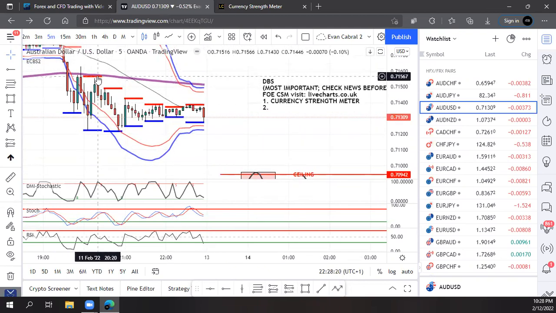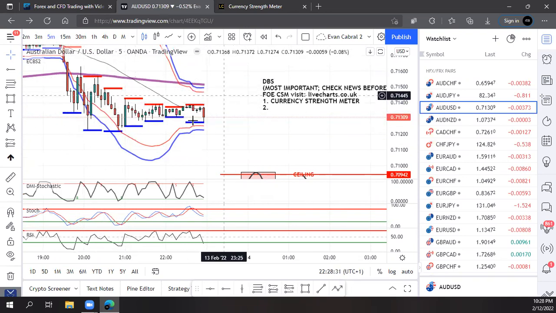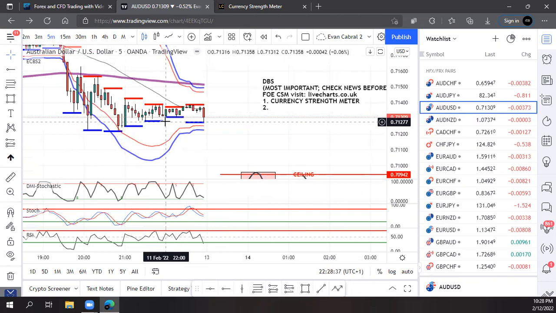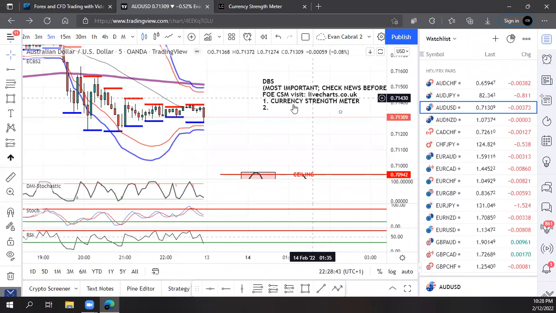This has already identified it for you, right? So you have ceiling, floor, ceiling, ceiling, ceiling. All the reds are resistance areas. All the blues, what? Support areas. All right, so resistance areas, support areas.